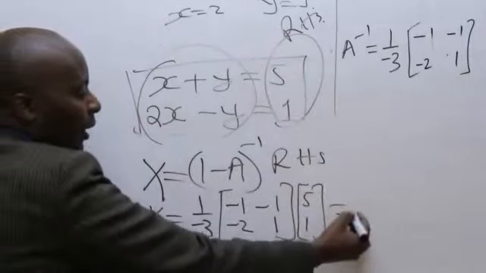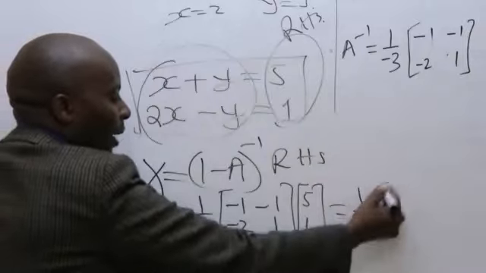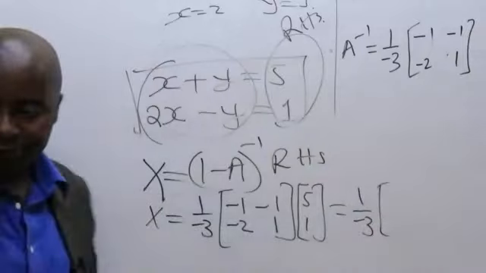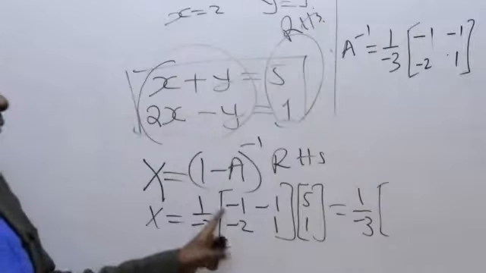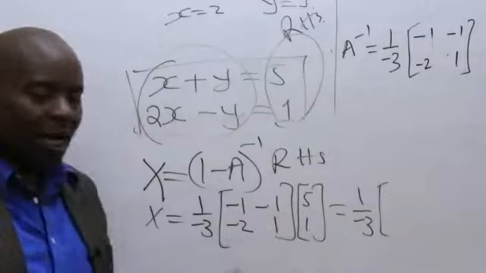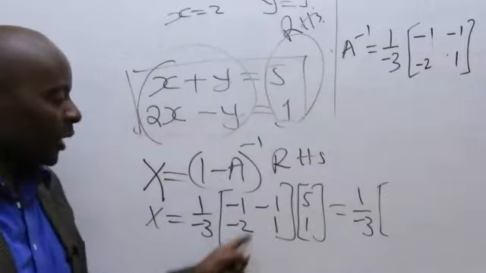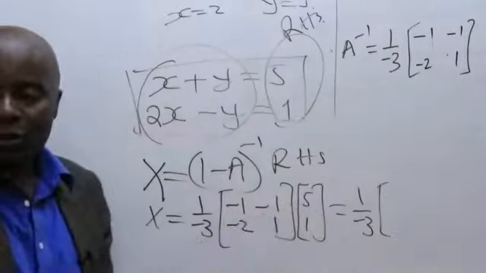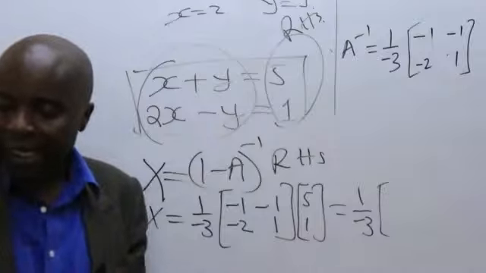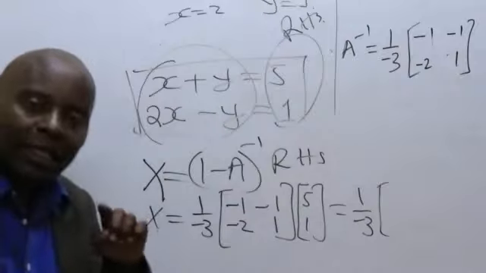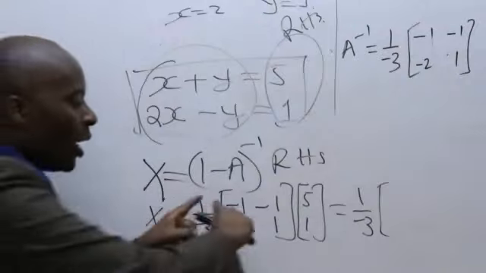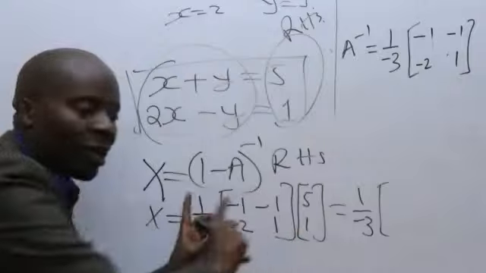Ladies and gentlemen, what I will do is to come and leave the scalar out first, so that I give preference to multiplication of the 2 matrices. We multiply these 2 matrices. When it comes to multiplication of matrices, that is an easy thing. I will use what we call a row multiplying a column.